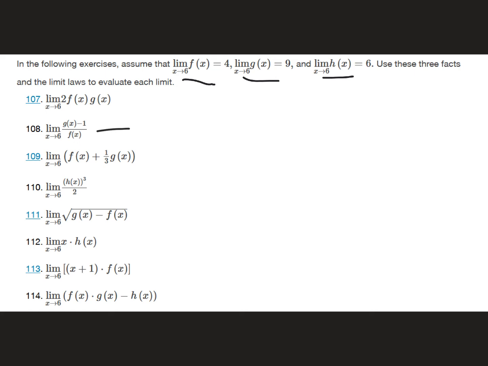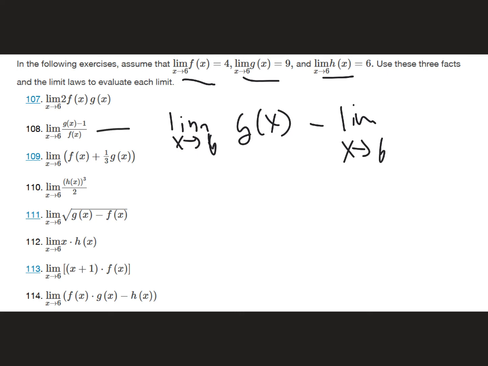So the limit laws, maybe I should step back a little bit. What the limit laws say is, if I'm adding and subtracting some limits, I can just break it up into the separate limits. So that's the limit as x approaches 6 of g of x, minus the limit as x approaches 6 of 1, over the limit as x approaches 6 of f of x.